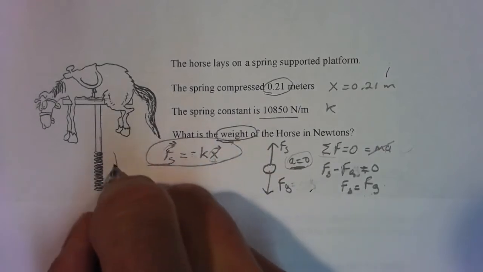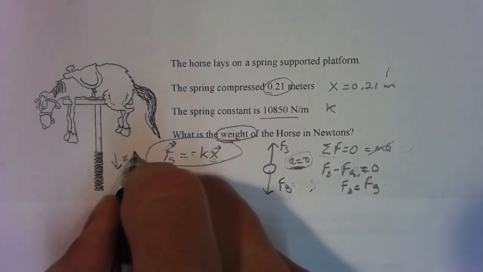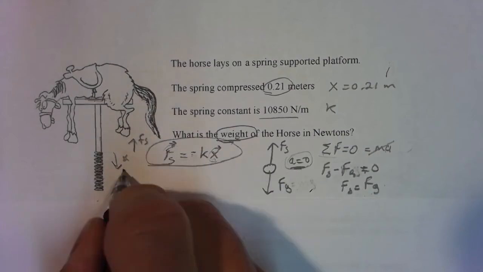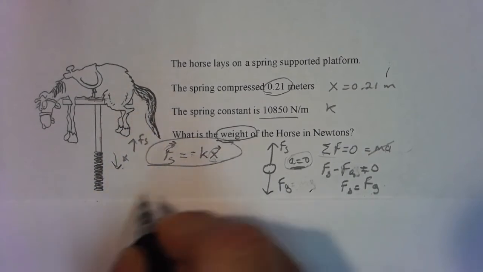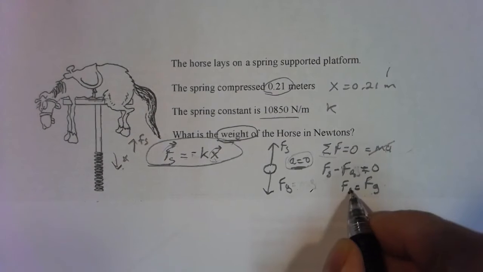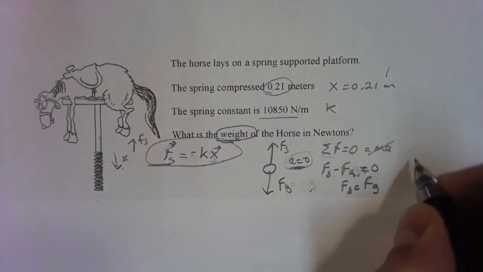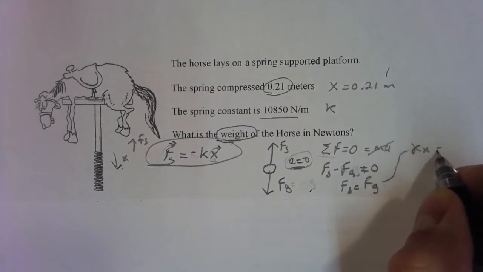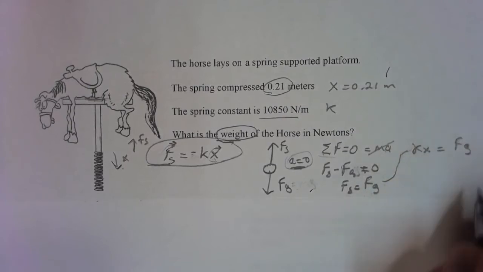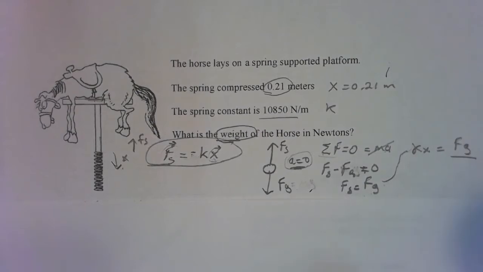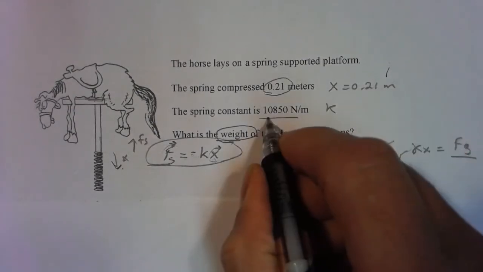So the x was down, so that means the spring force is up. That's all that negative means, but I can figure that out in my head. So I don't need to put any kind of negative in here. I just need kx. So this is going to give me that kx is going to equal Fg, the force of gravity. So k is given to me right there.